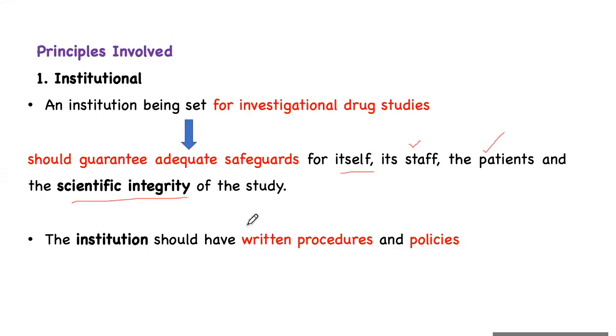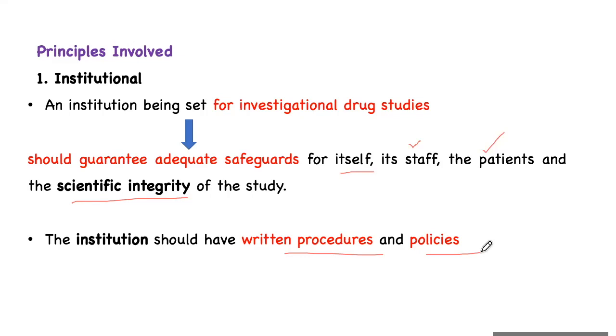In addition to that, the institution should have written procedures and policies. It should not be that you are doing procedures on the basis of your experience. No, all the procedures should be written well in advance. You also take approval from the particular authority who is involved in reviewing the protocol of the investigational product.